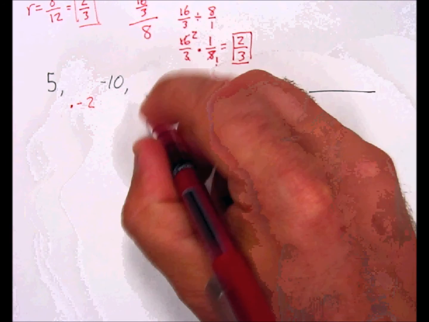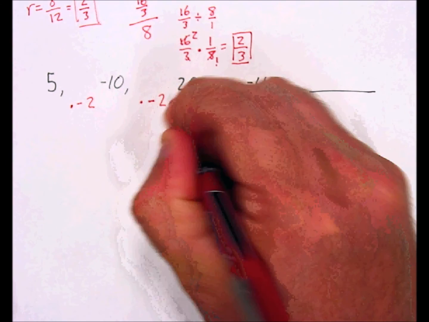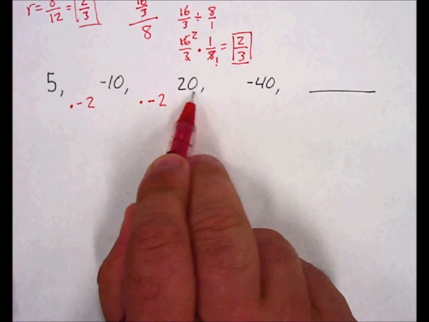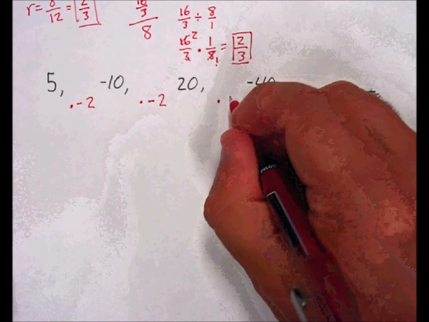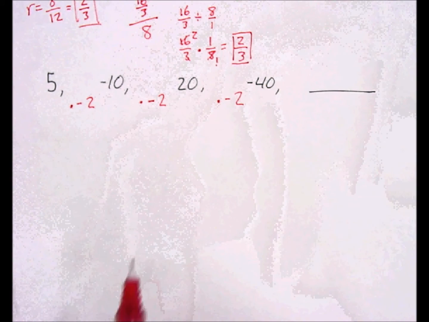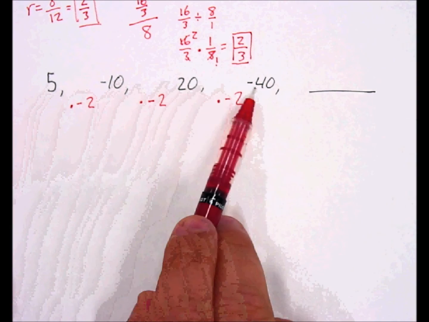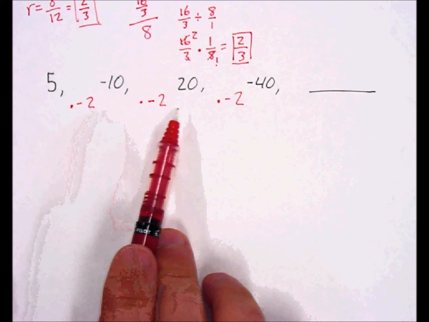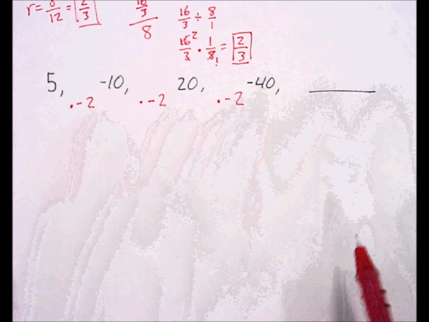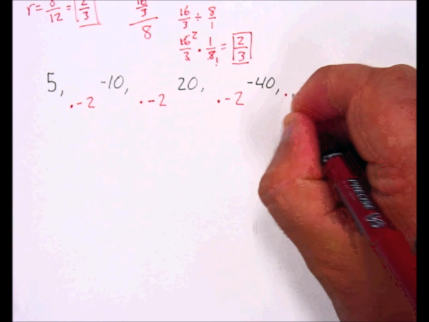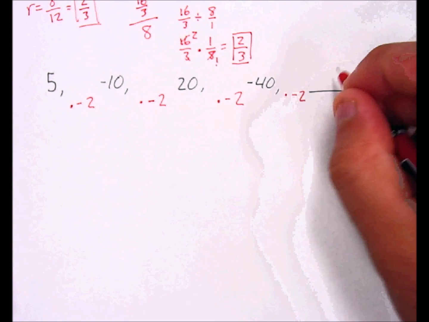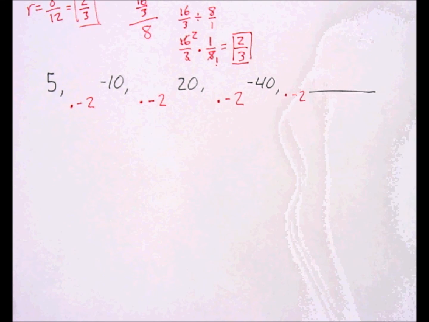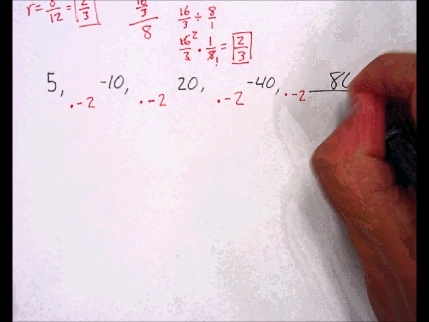And then if I multiply by -2 again, -10 times -2, two negatives become positive, so I get my 20, and so on. So when you notice that it goes positive, negative, and those are alternating, you're going to have a common ratio that's a negative value. So just be aware of that if you're looking for it. We should be able to see the answer here pretty easily. It's going to be positive 80. All right. There we go.